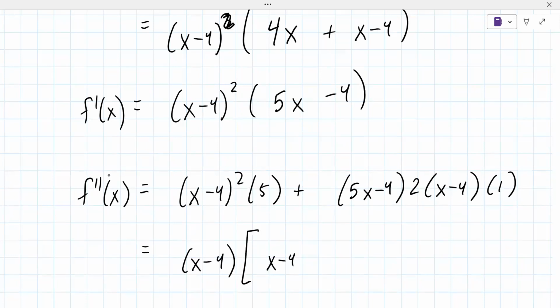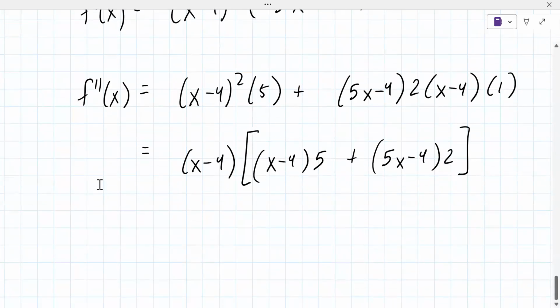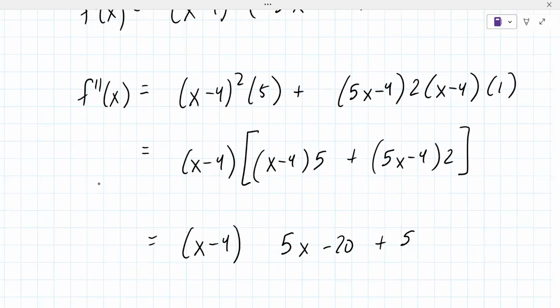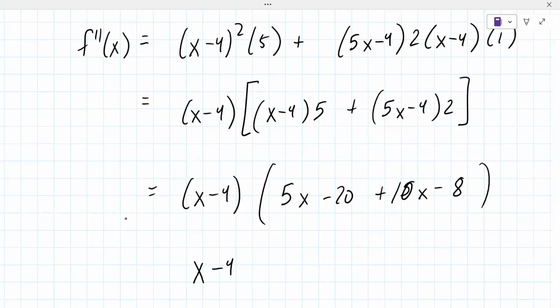And then you have x minus 4 times 5 plus 5x minus 4 times 2. And then you do want to simplify. So you've got 5x minus 20 plus 10x minus 8, so it looks like it ends up being x minus 4 times 15x minus 28.